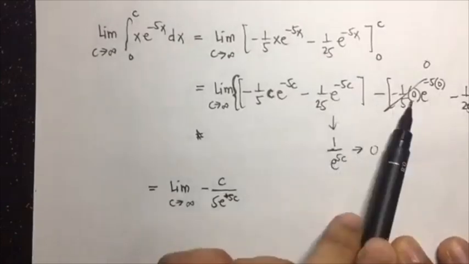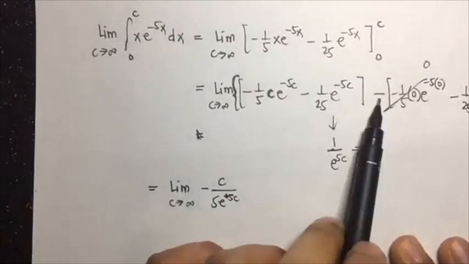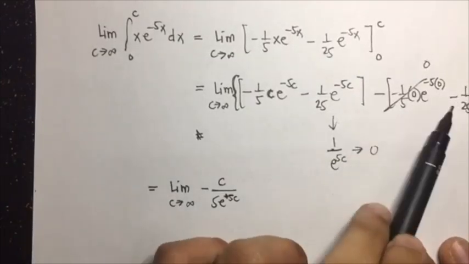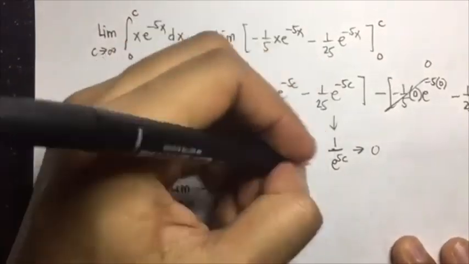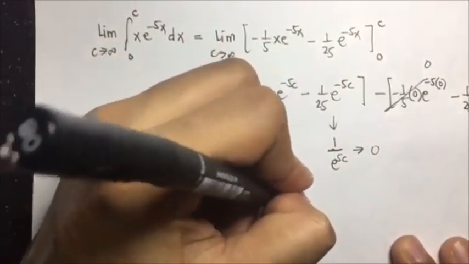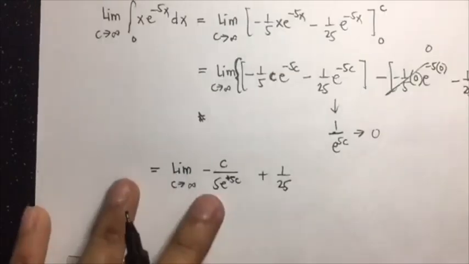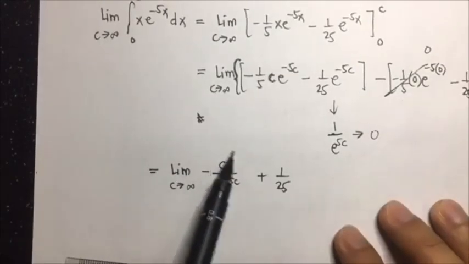This will become 0, this will become 0, and then negative times negative, so plus 1 over 25.